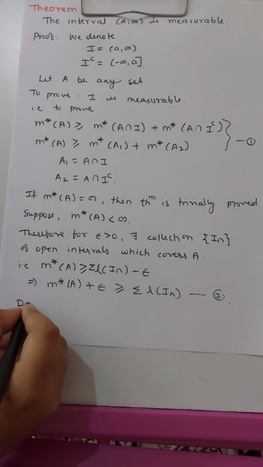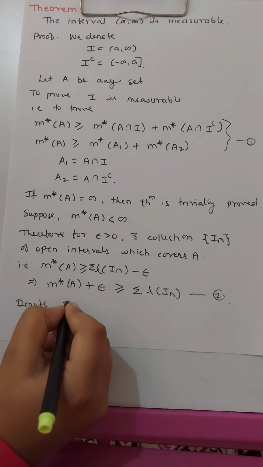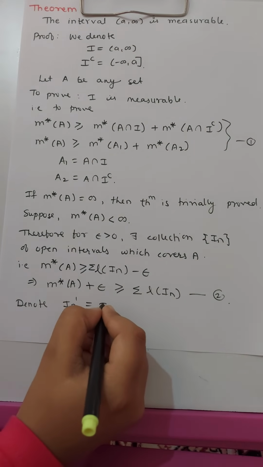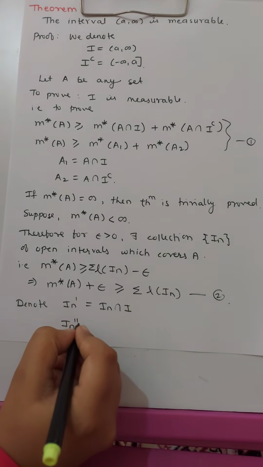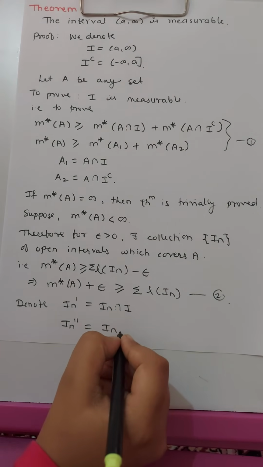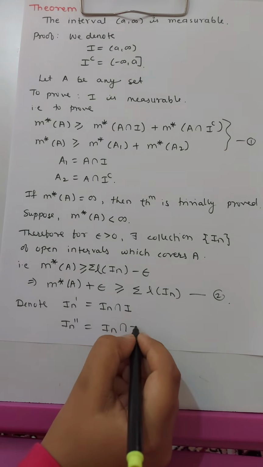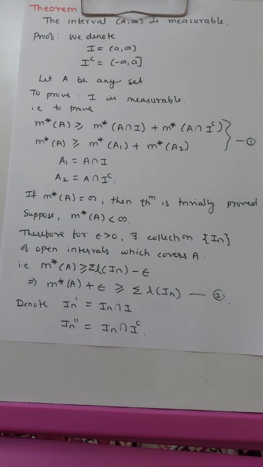Now denote In dash is equal to In intersection I and In double dash is equal to In intersection I complement.